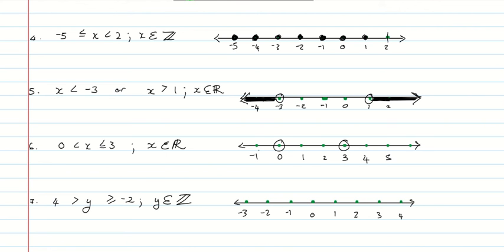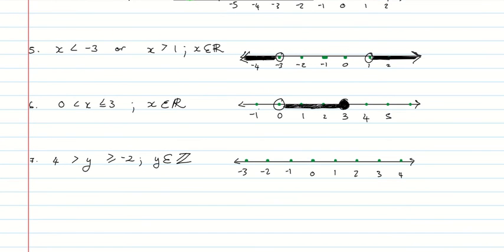But what is the difference between these two dots? The 0 needs to be open, and the 3 we need to color in. Why? Because that is equal to, and that means included, and then in between we just color it in like that. All right, and then the next one, now we're not always going to use x, we can use y, we can use even z or other symbols. So they're just making an example.